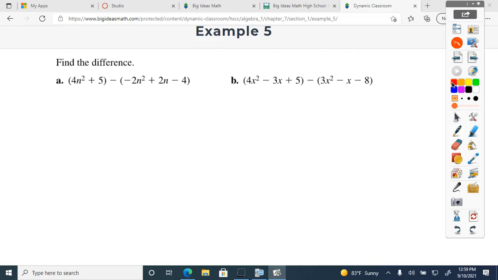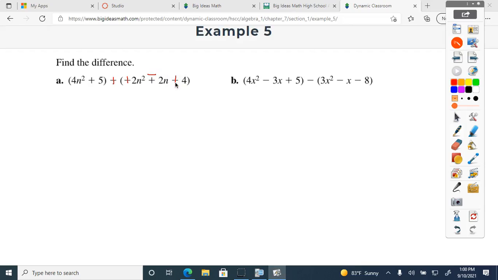I'm going to change that to a positive. Rather than subtracting, we're going to change it to an add. And I can do that as long as I do what behind it? Change everything in the parentheses behind it. All their signs. So this negative becomes what? Positive. This positive becomes negative, and this negative becomes positive.